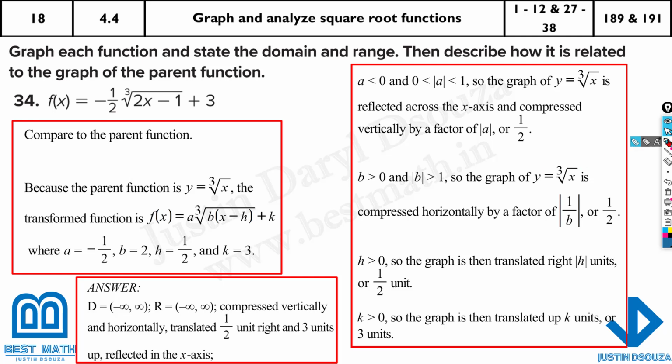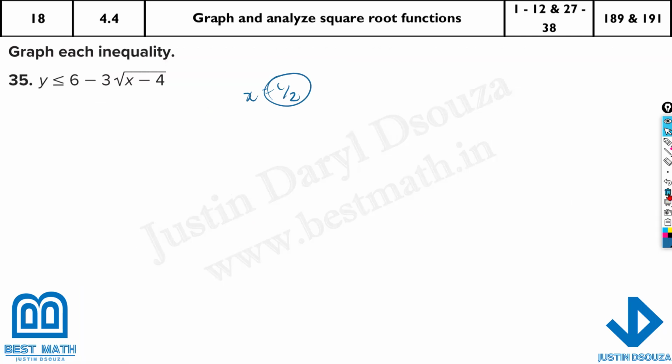Just equate this to 0: x is equal to 1 by 2. So it is translated half a unit to the right and 3 units up. That's the answer.